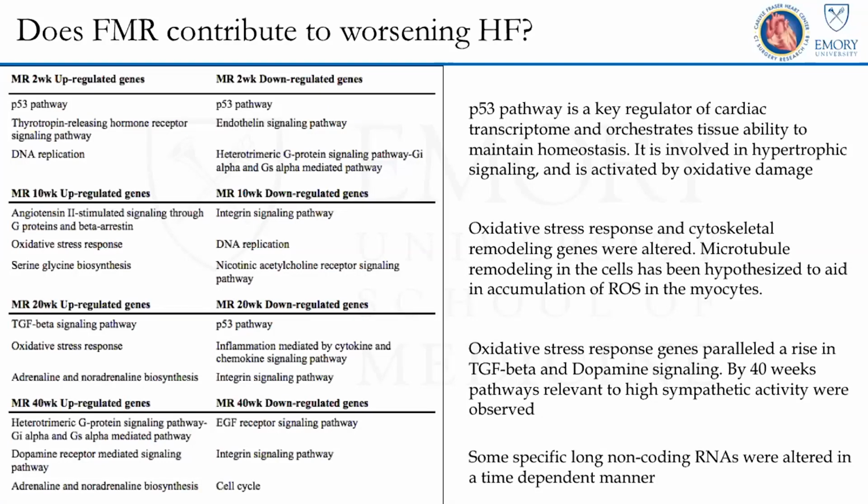Microtubule tyrosination has been associated with the accumulation of reactive oxygen species in these cardiomyocytes, and that could actually lead to their improper contractility over time. We are yet to validate these RNA sequencing pathways from a protein standpoint, to see what the different pathways involved are, but that work has not yet been completed.